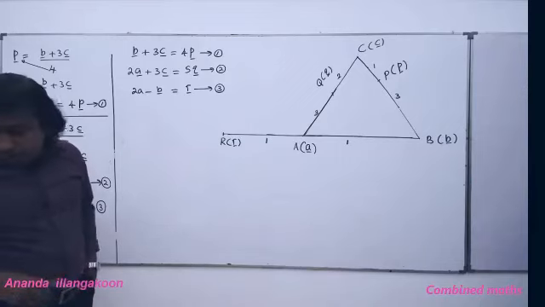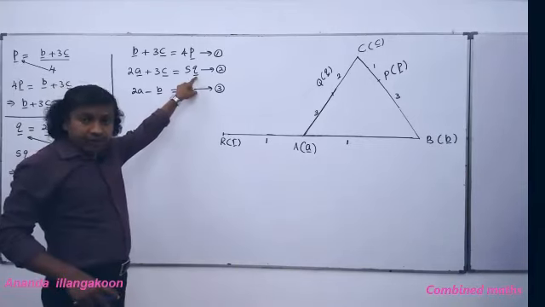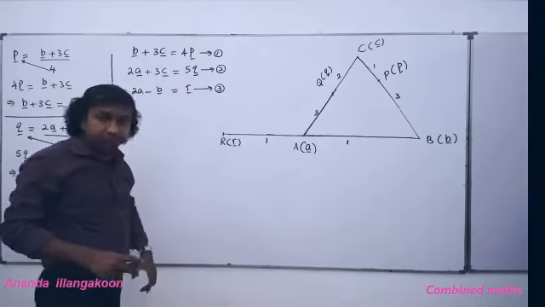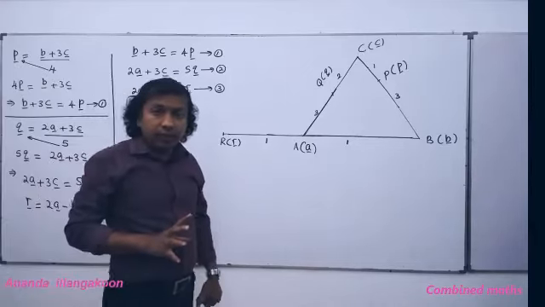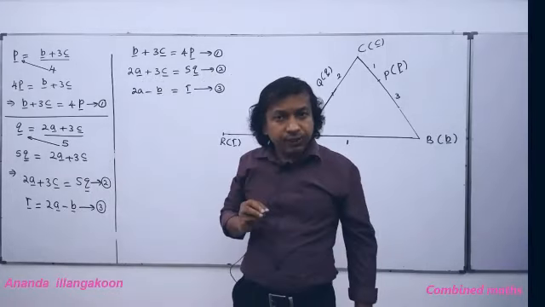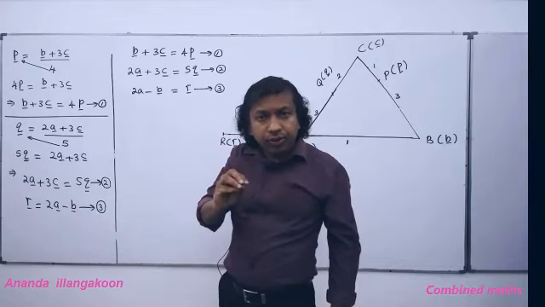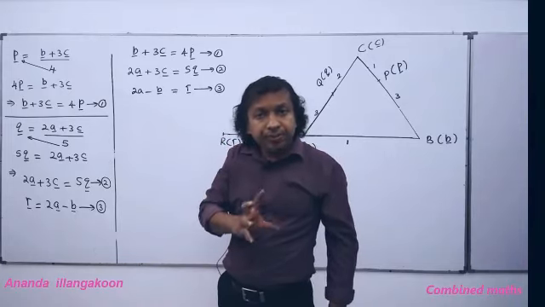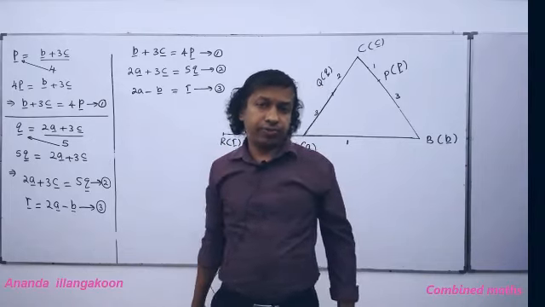That means this Q vector should be written only in terms of P and R. By using these three equations, we have to obtain an expression for Q. It should contain only R and P. That means the A vector, B vector, C vector should be removed.